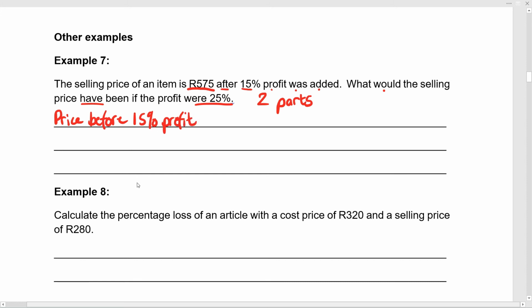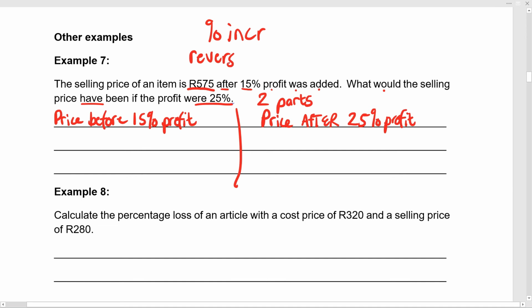Then I'm going to get an answer. Okay. The second part of my question, I'm going to now want to calculate the price after the 25% profit is then added. You've got four things to choose from. You're going to do a percentage increase, or you can reverse an increase, or it's going to be a percentage decrease, or you can reverse a decrease.